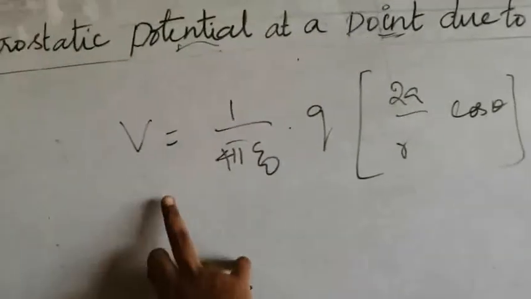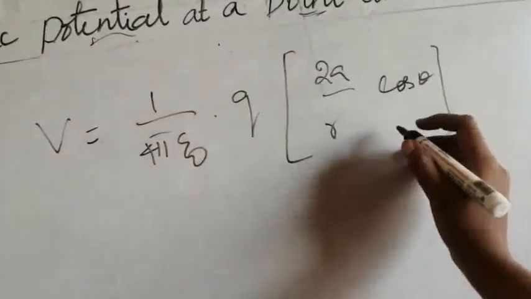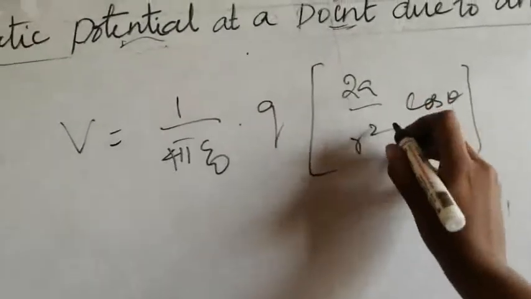Now I have V value as V is equal to 1 by 4 pi epsilon naught into Q into 2a by r square cos theta.